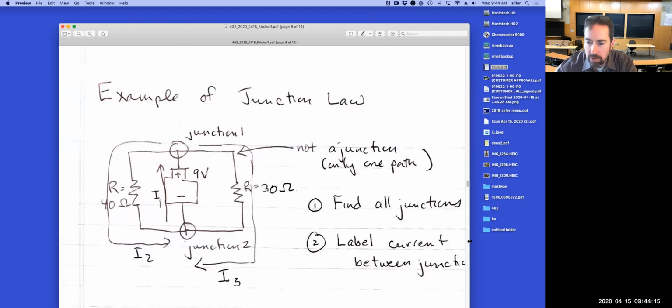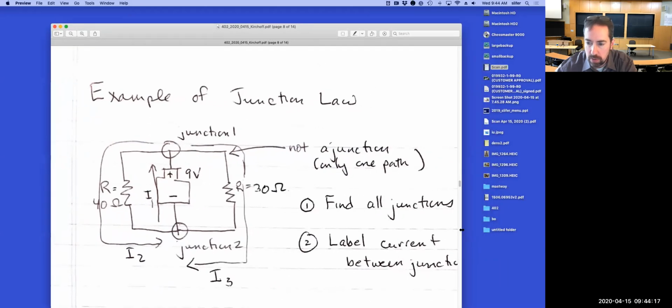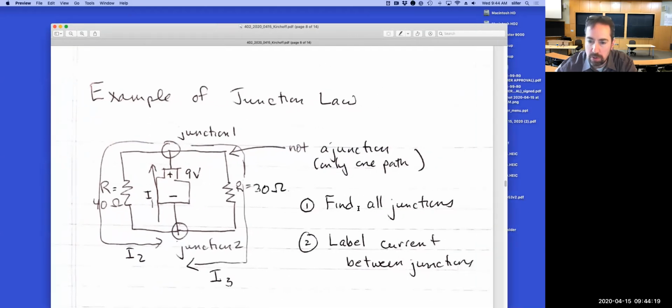My process in this is, first we find all the junctions. The junctions are wherever we have more than 2 wires coming together. This little kink here is technically a junction, but it's just 1 wire coming in, 1 wire coming out, so we don't have to analyze that because nothing tricky is going to happen.